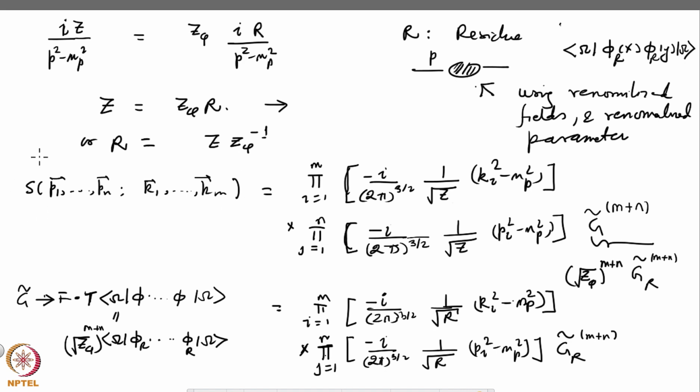It's telling you these probabilities of transitioning from here to there, and that should be fixed once you fix the theory. Okay, and the theory gets fixed when you fix the bare couplings and bare mass parameters.